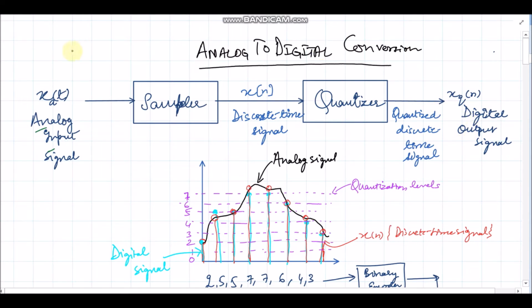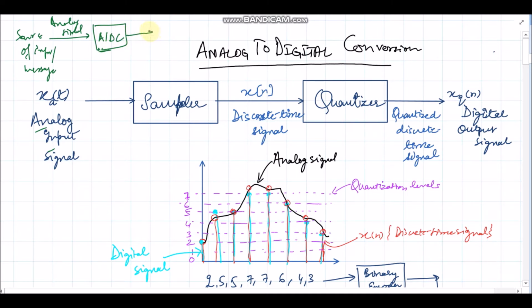Let's see a small block diagram of how the digital signal processing occurs in the real world. We have some source of information or message or any signal in analog form. We have an analog signal. We convert it into a digital signal using an A to D converter, which we are going to study right now.